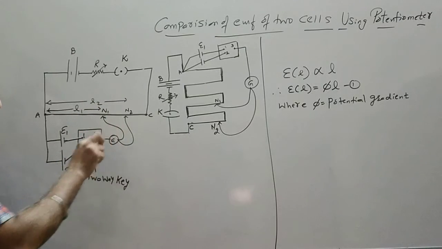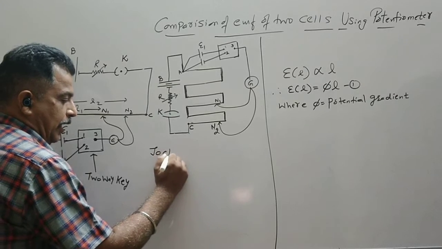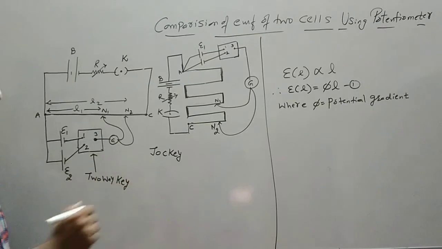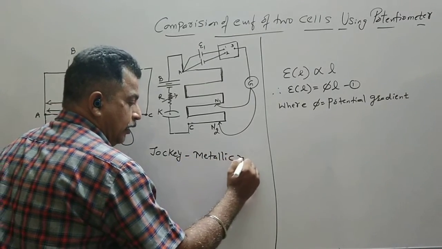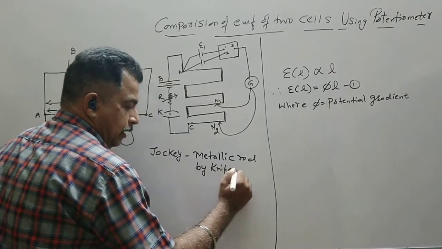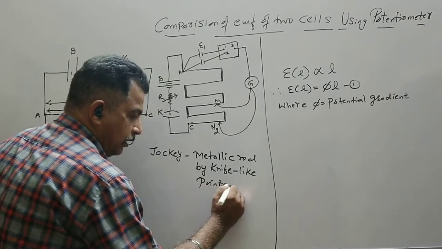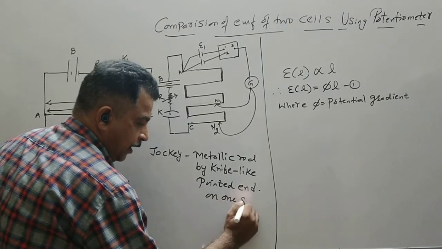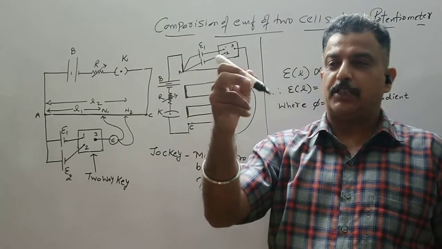Now this is the condition, this is a metallic conductor. You will see in the laboratory when we do this experiment, it is called a jockey. A jockey is nothing but a metallic rod having a knife-like pointed end on one side, or you can say it is similar to this pen.